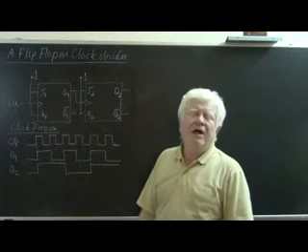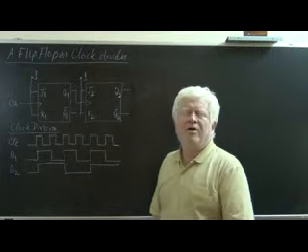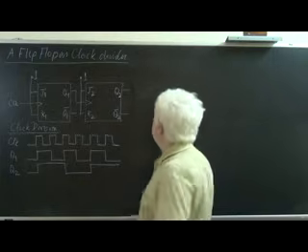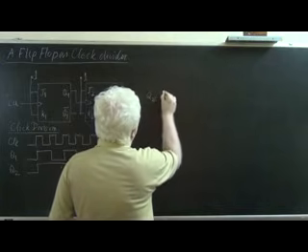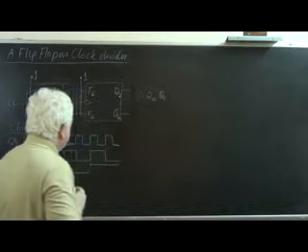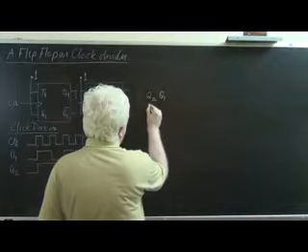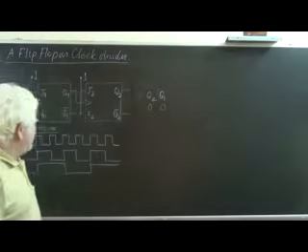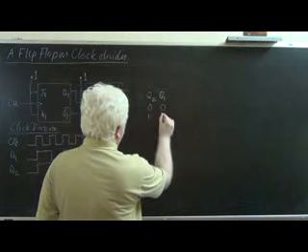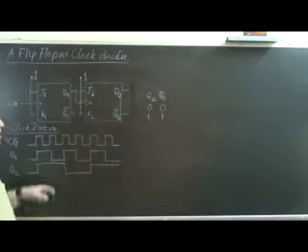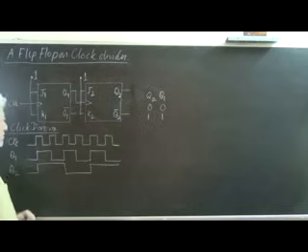Now let's take a look at the joint readings of Q1, Q2, or rather Q2, Q1. So let's plot Q2, Q1 as a function of time. Initially they are both 0 and 0. Then they both become 1 and 1. Then Q2 remains 1, Q1 becomes 0.